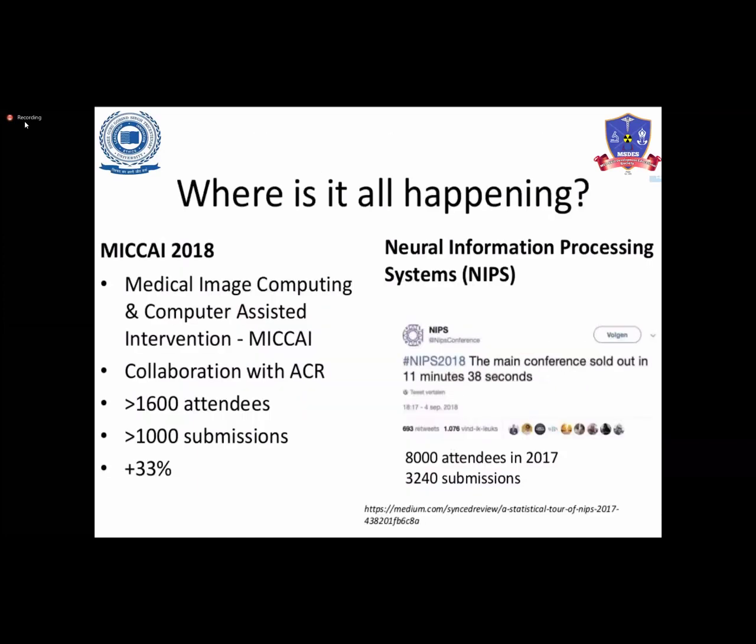So what is happening and how did it start? It started from the Medical Image Computing and Computer Assisted Intervention conference, in collaboration with the American College of Radiology, where more than 1600 attendees attended and more than 1000 projects were submitted on AI. Similarly, the Neural Information Processing Systems (NIPS) conference sold out within 11 minutes 38 seconds.